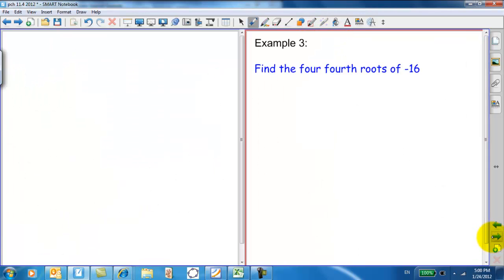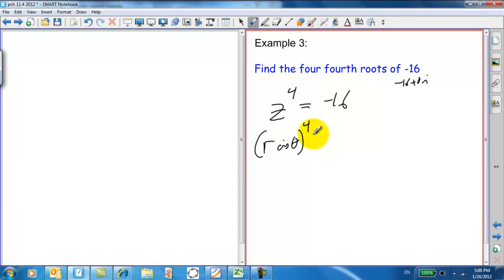Now let's look at another one. The 4 fourth roots of negative 16. Again, you've got to write negative 16 in polar form. This is rectangular form, negative 16 plus 0i. That doesn't help us. Let's think of this as z to the 4th equals negative 16. So that's r cis theta to the 4th equals 16 at what angle?